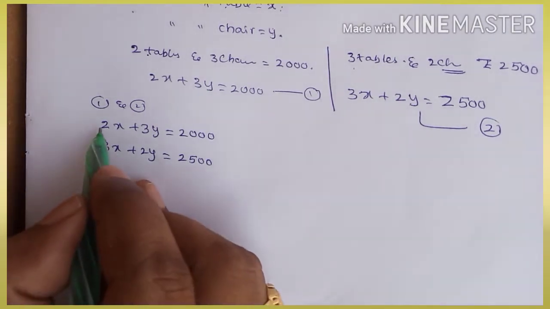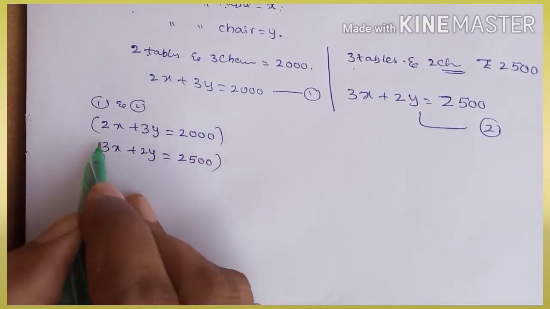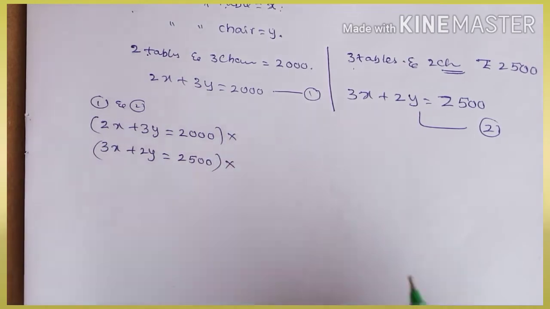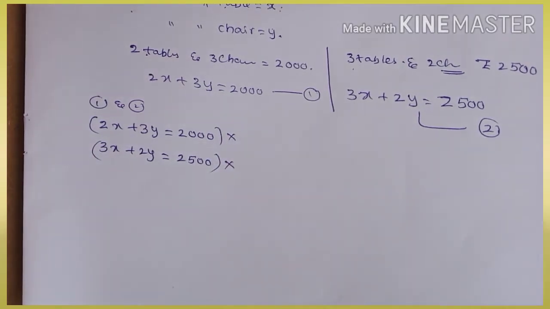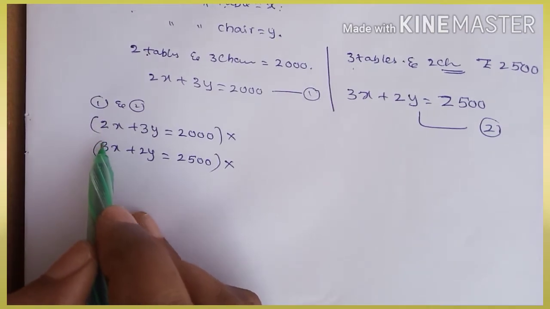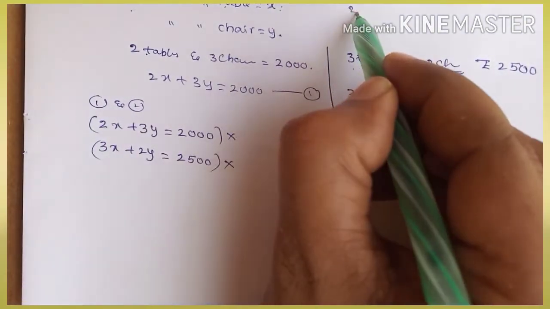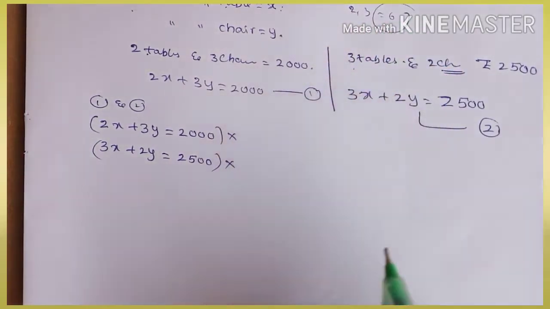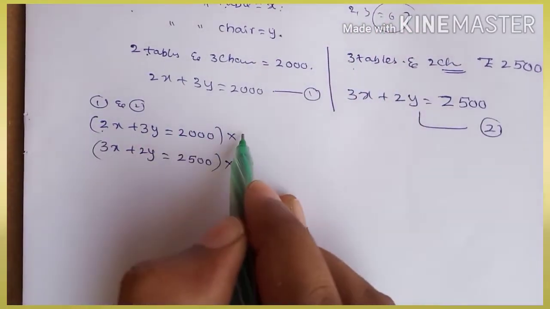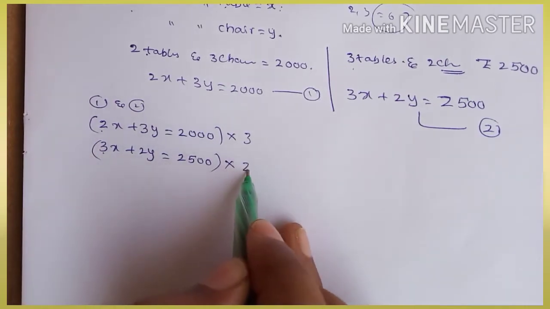Okay, this equation we have to multiply with a value. Here also, in this equation you have to multiply with one value. What number do you have to multiply to make the coefficients equal? 2, 3. The LCM of 2 and 3 is equal to 6. So 2 threes are 6, again 3 twos are 6.